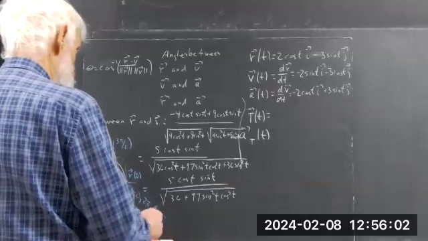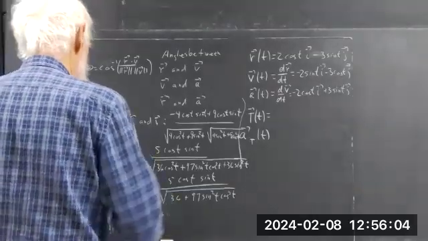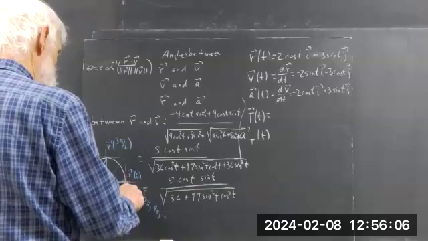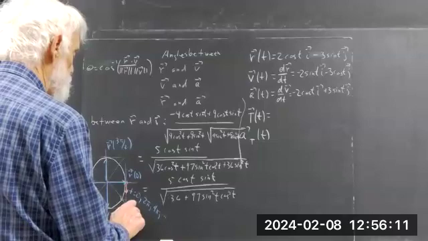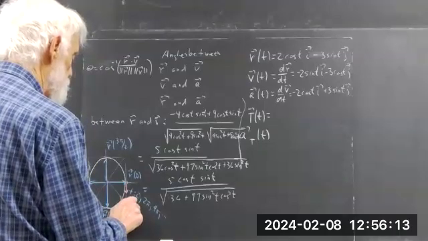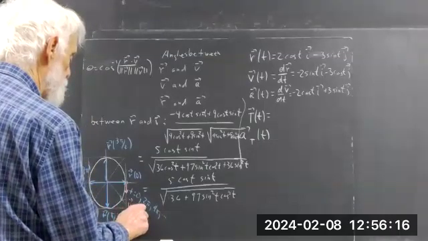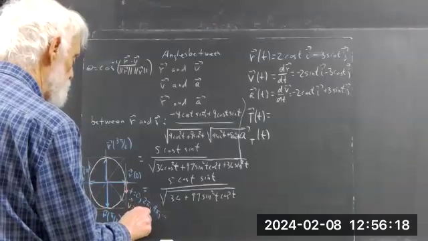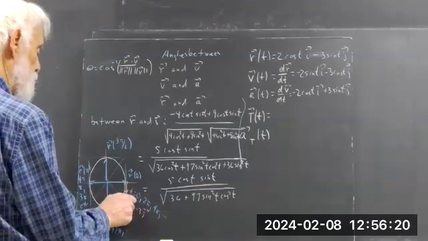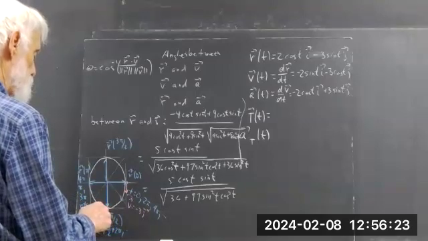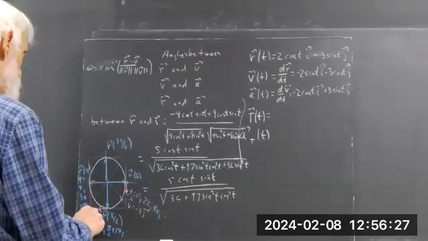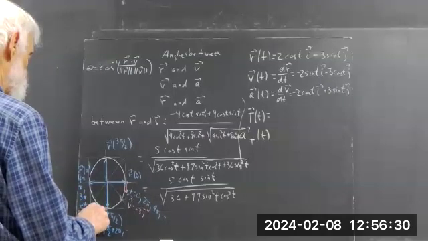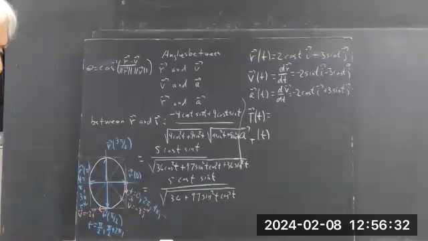So our velocities are 3j here, negative 2i here, and so forth.